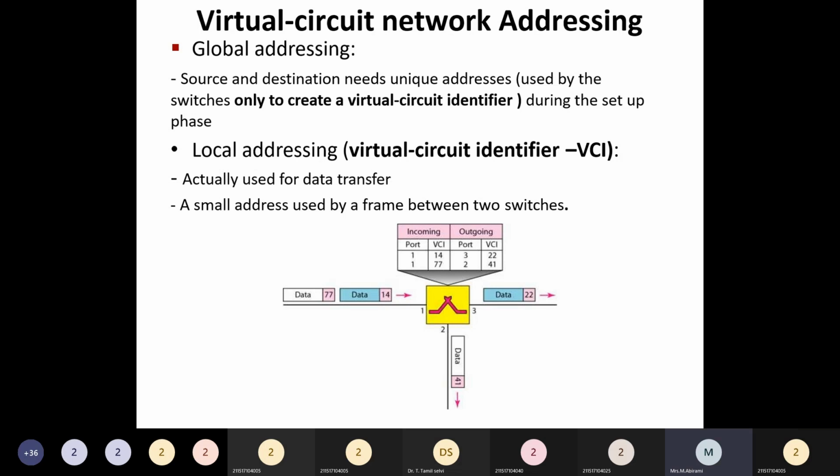Another one is the local address. The global address represents the www. Local addressing uses a VCI, which is actually what is used in the data transfer. After that, the small address used by the frame between two switches is called local.